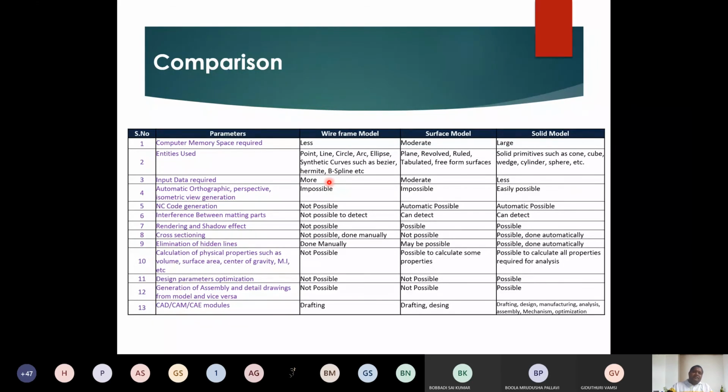If you imagine a very complex object, then the kind of information that a user has to provide if he wants to develop a wireframe model is enormous. So many coordinates, so many points you have to enter manually. Whereas input data is moderate in one case, and less in the other. Why? Because directly I can say create a cube, create a cylinder of base radius this much, height this much. So automatically it will create the cylinder for you.